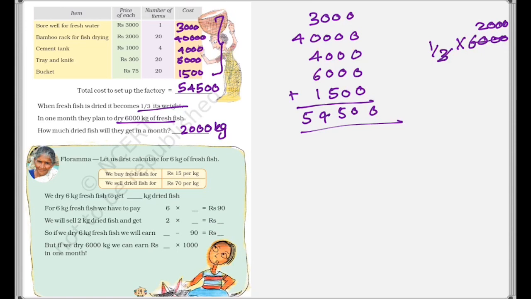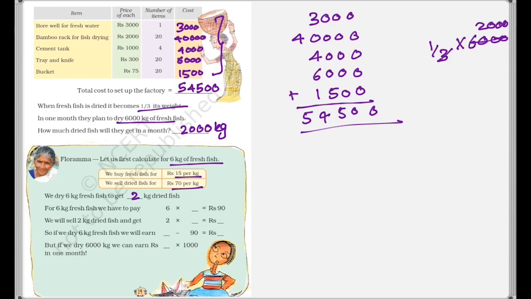So let us calculate for 6 kg of fresh fish. Now when we buy fresh fish for rupees 15 per kg and the dried fish is sold for rupees 70 per kg. So we dry 6 kg fresh fish to get 2 kgs of dried fish.